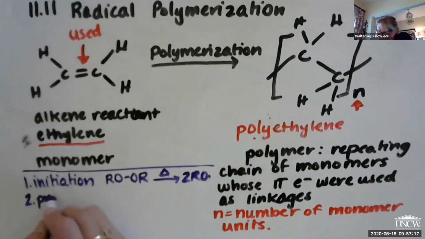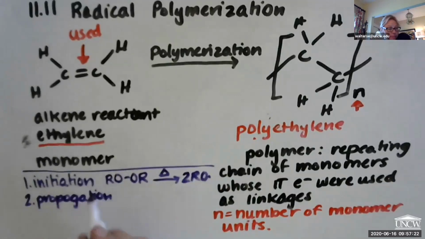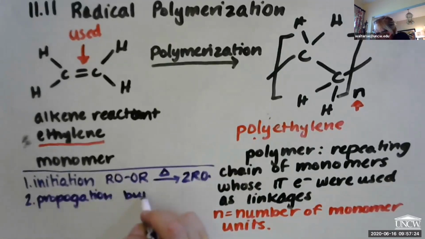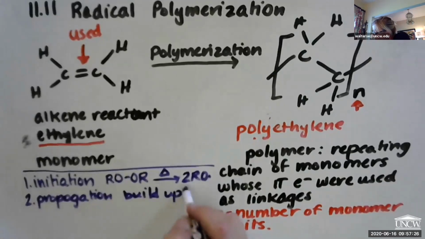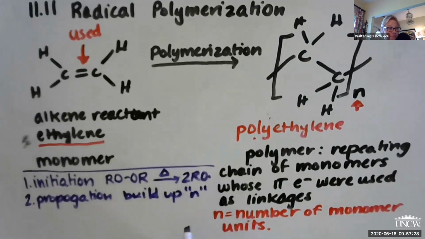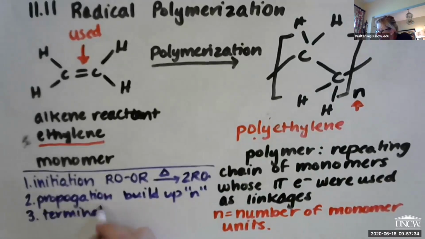Your propagation steps are going to be used to build up that n number. And then at some point, you'll terminate and kill the radical.